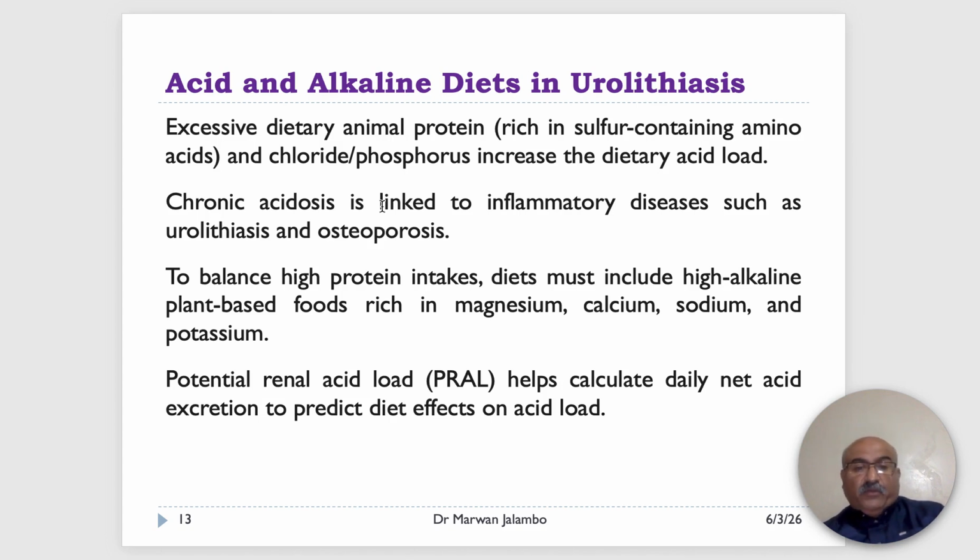It is linked to inflammatory diseases, urolithiasis, and osteoporosis. To combat this, higher protein intake must be balanced with highly alkaline plant-based foods like fruits and vegetables rich in magnesium and potassium. We can predict this effect using a model called potential renal acid load.